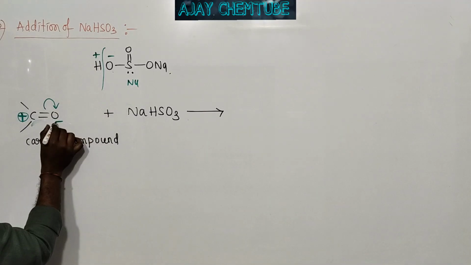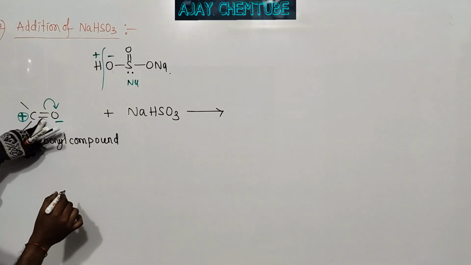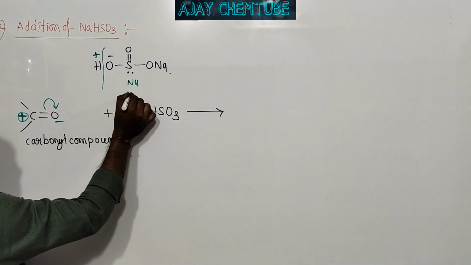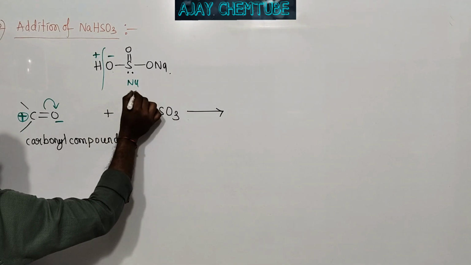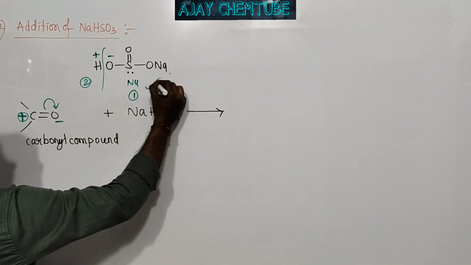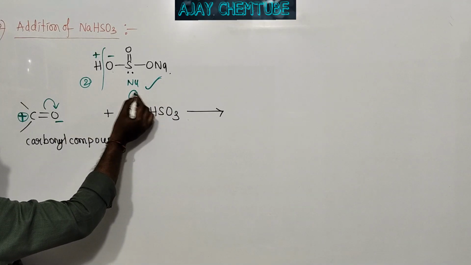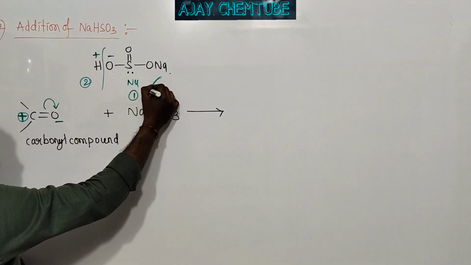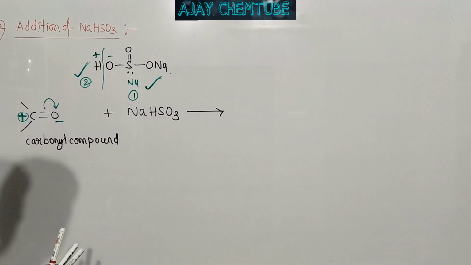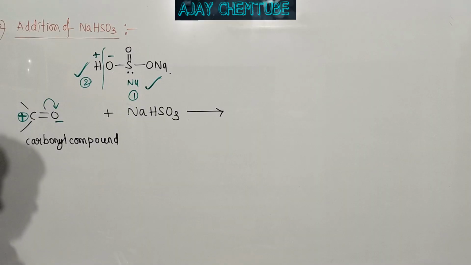H plus is positive, added to the negative center. In the first step this one is added, in step 2 this one is added, and in the rate determination step this one is added. So this is nucleophilic addition. Thus you have to remember nucleophilic addition reaction.